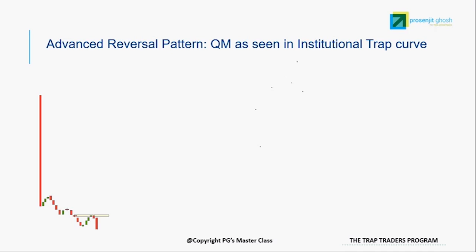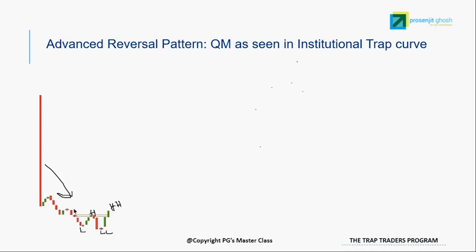By this, price creates a high, breaks the low, and creates a lower low again. And then again it comes up and breaks the high, creating a higher high. Understand what happened here? A low got created in a downtrend, then a high got created, then a lower low got created, and after the lower low, price also created a higher high.